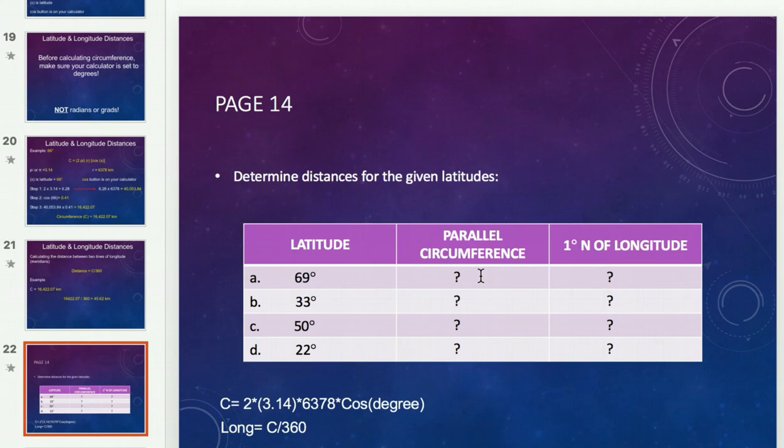So your parallel circumference for 69 degrees is going to be 14,419.38 kilometers. And make sure you put kilometers.